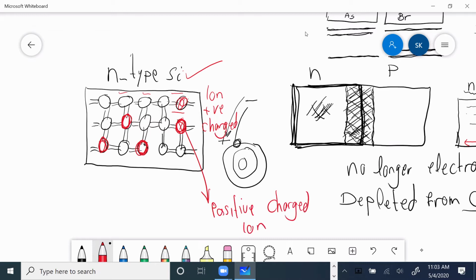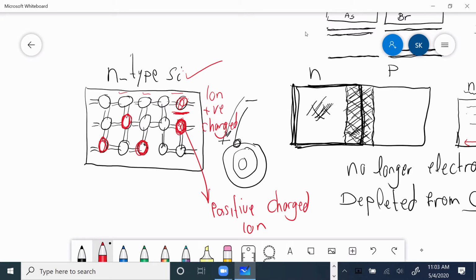Because it has freed an electron. This foreign atom freed an electron because this is arsenic. Arsenic has 5 electrons. 4 of them were bonded with the neighbors. 1 was freed.